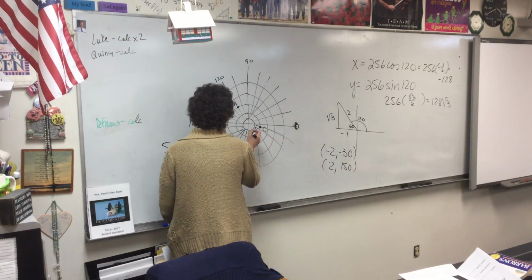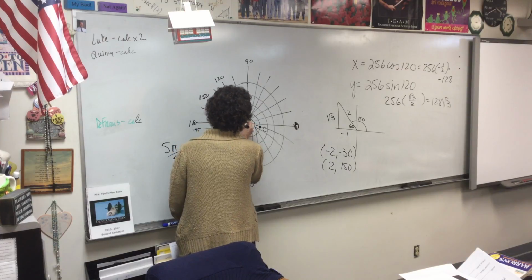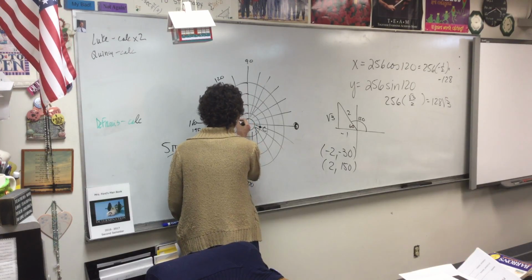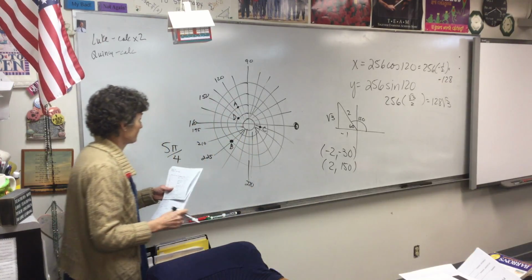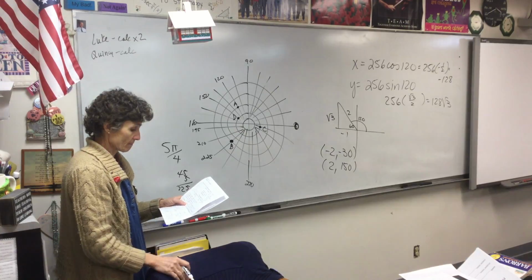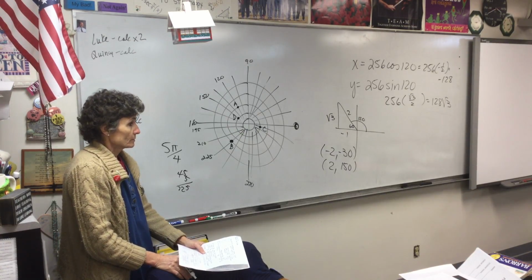So that point is getting plotted on the 150 line, 2 circles out. So here is point D on the 150 line, 2nd circle out. Okay?